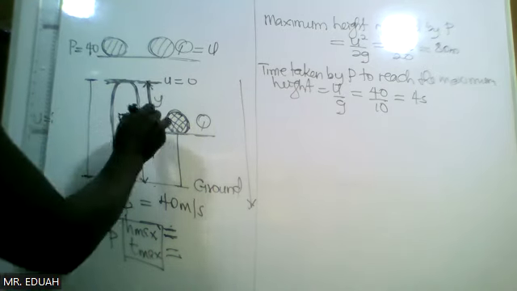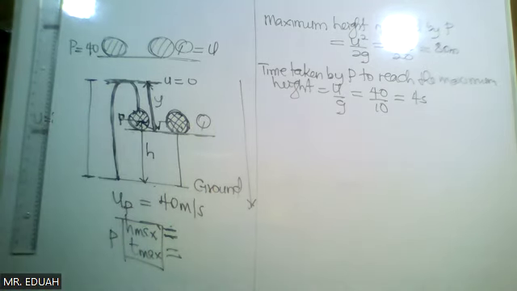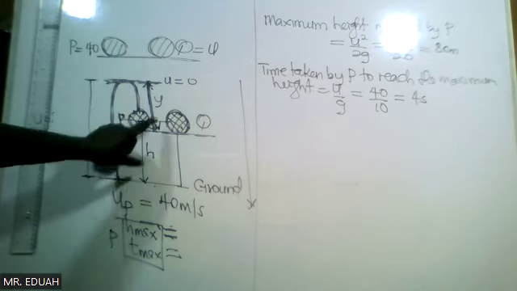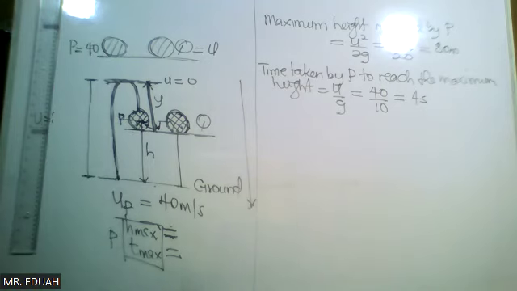So how did you do it? I found y by using the formula v squared is equal to u squared plus 2gh.